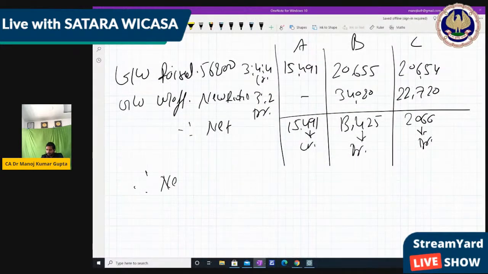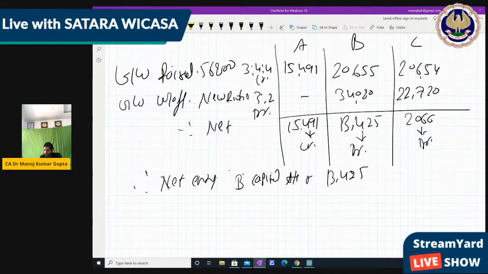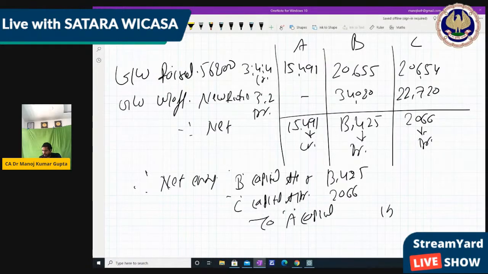Therefore, the net entry will be B capital account debit 13,425, C capital account debit 2,066, to A capital 15,491.